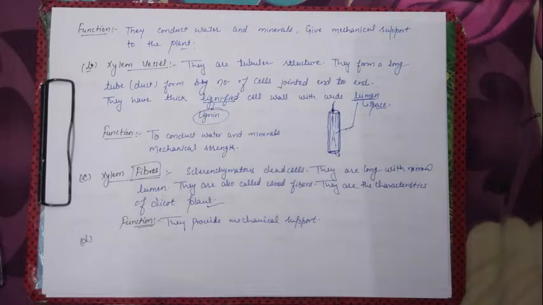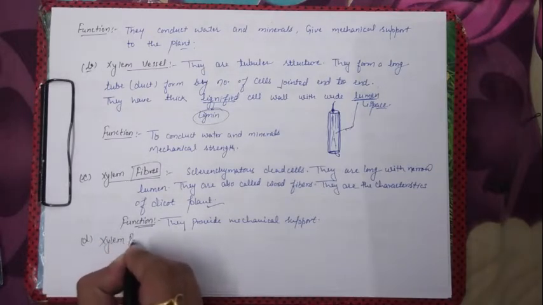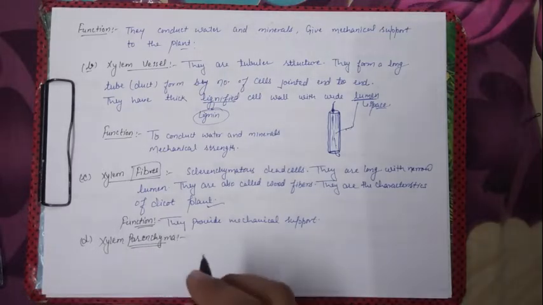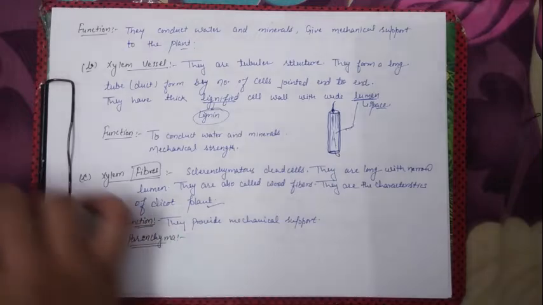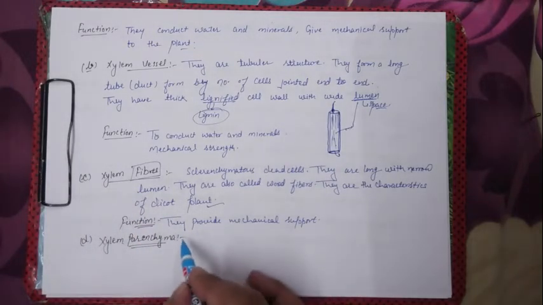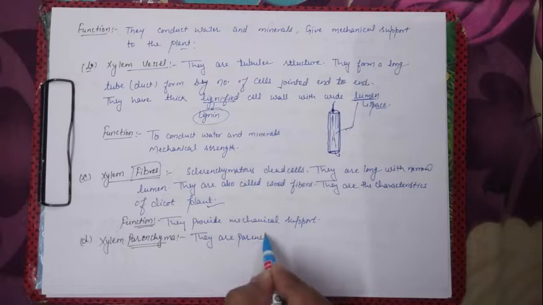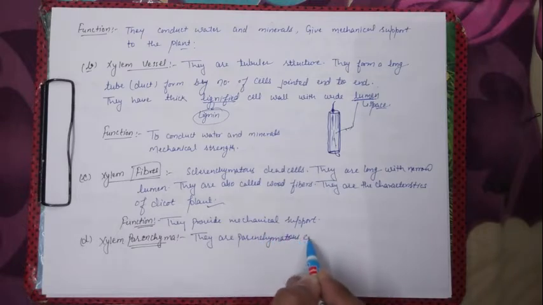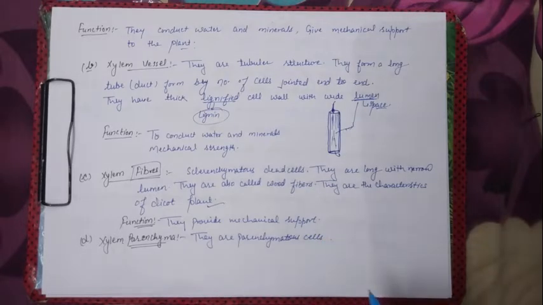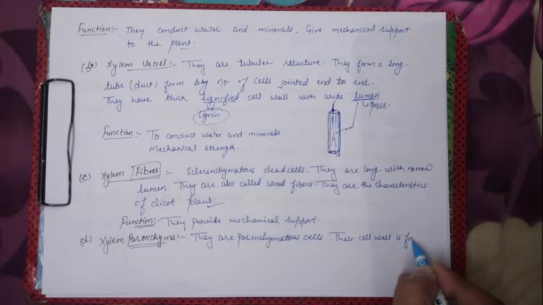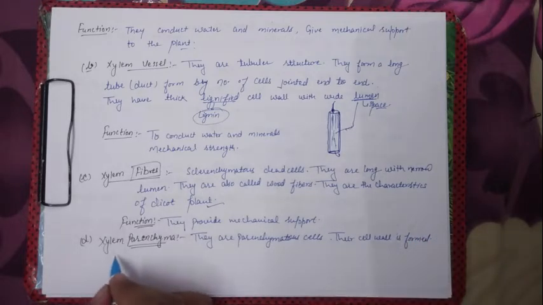And the last one is xylem parenchyma. As the name says, it is made up of parenchymatous cells, and parenchymatous cells are living cells, as we have studied. Their cell wall is formed of cellulose.